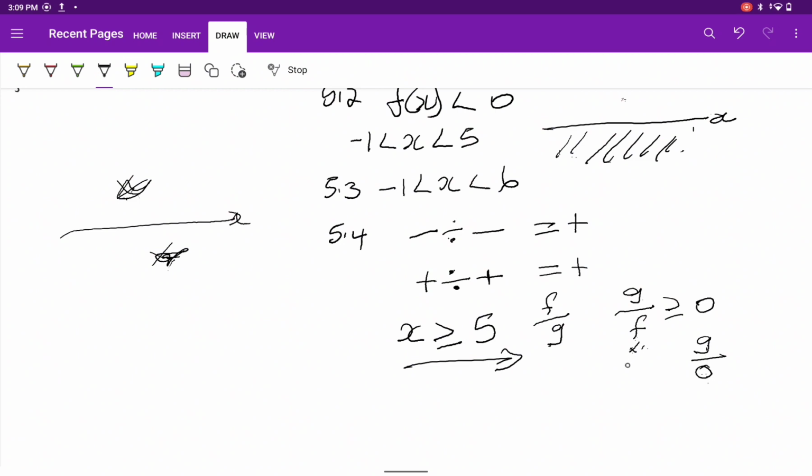And therefore, if it was g over f, the same question, we were going to have only the answer as x is greater than 5. We would not include the 5, because now the 5 will make us have a division by 0.